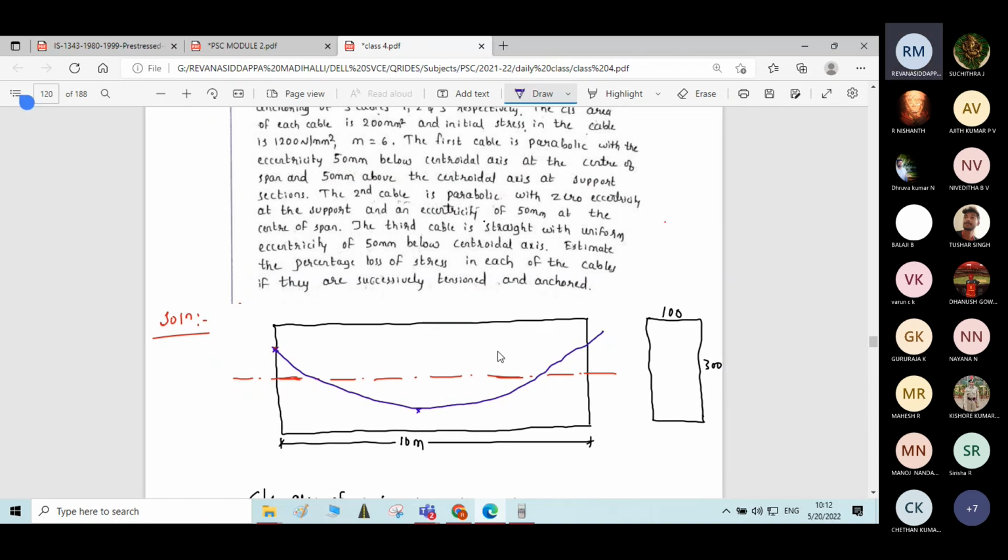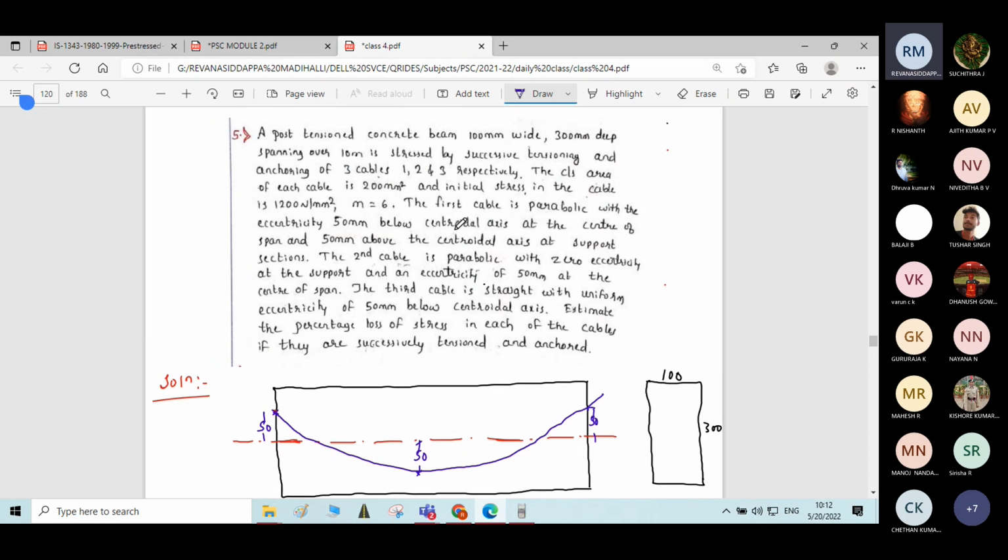This is the first cable profile. Here it is 50 mm at the support, 50 mm at the center. I hope you understood this.